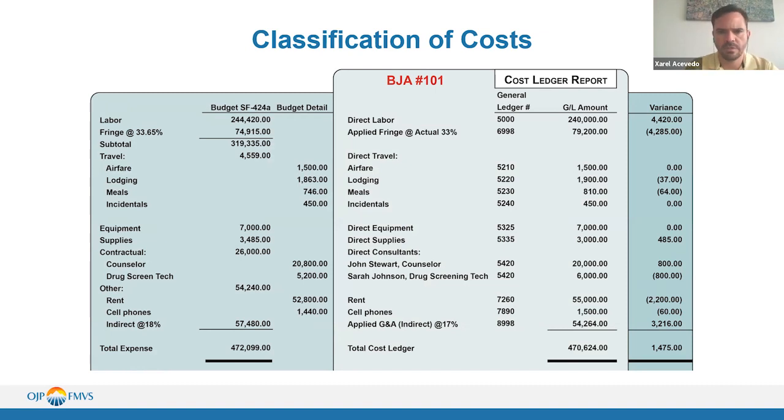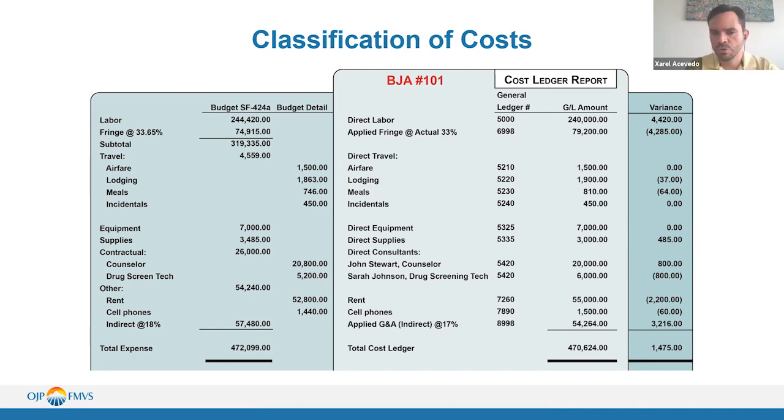All right, classification of costs. When we are looking at classification of costs for a grant, we are talking about the specific budget categories of your program that should be identified within your accounting system. That should match what you presented in the budget, and they should be in your accounting system.